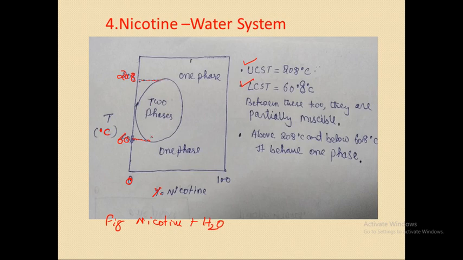Between the range of 208 to 60 degrees Celsius, they are partially miscible. In the nicotine and water system, between 60 degrees Celsius and 208 degrees Celsius, the solution is partially miscible.